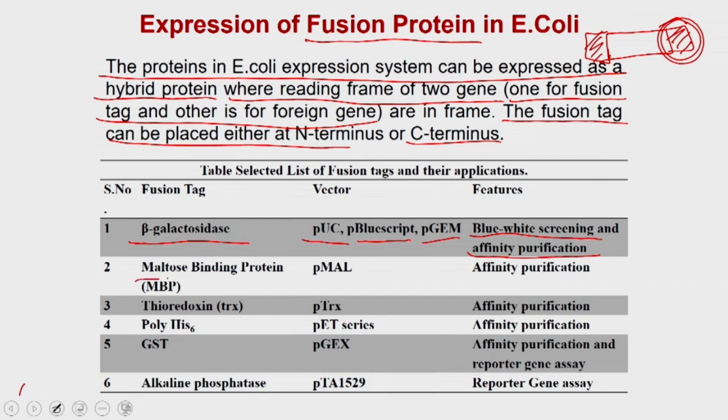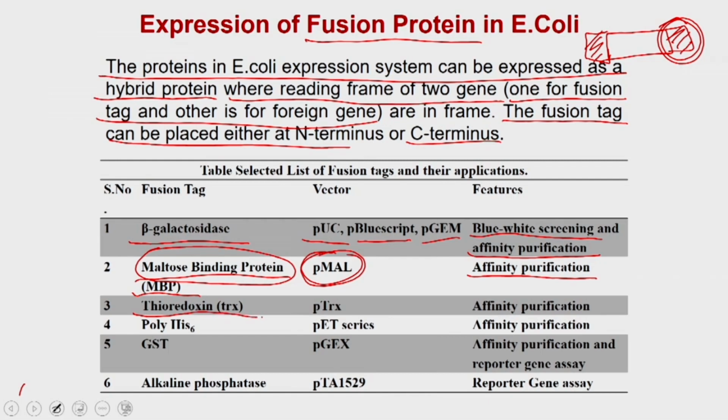Similarly, you can have the maltose binding protein, or MBP, and the vector where it is already cloned is called pMAL, and it has the advantage that you can use the maltose binding protein as a tag to purify using affinity chromatography.